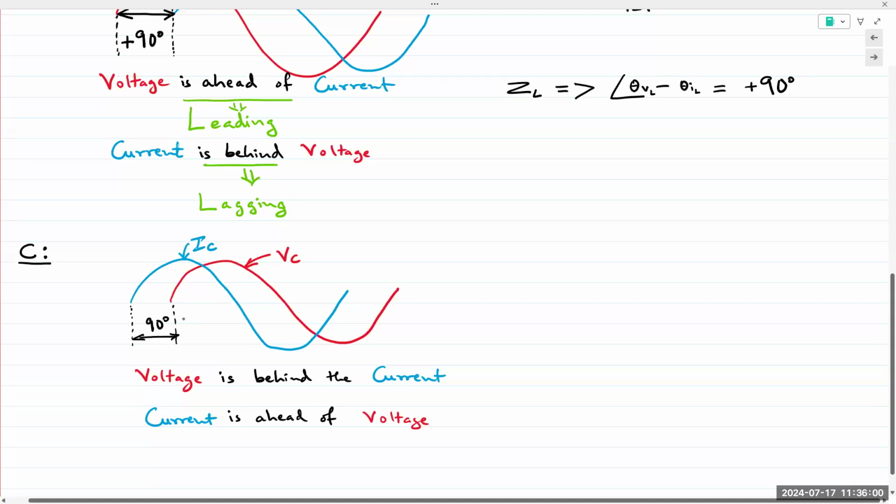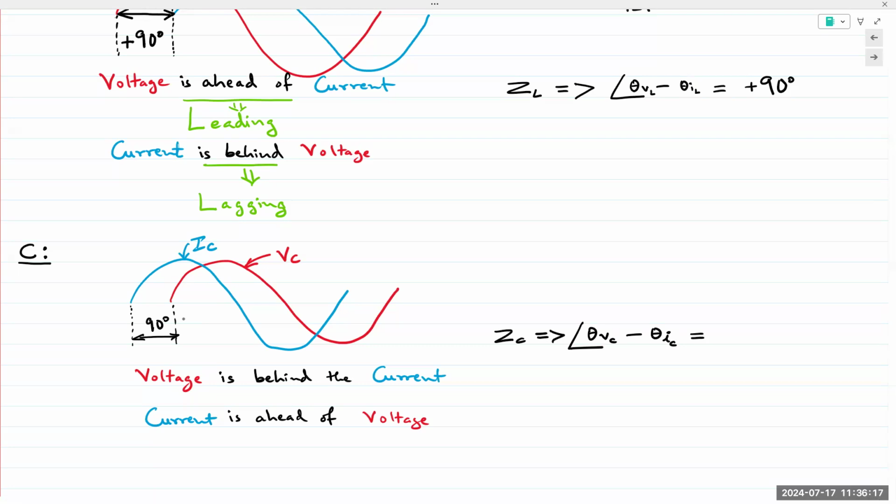So ZL was plus 90, ZC would become theta VC minus theta IC. That equation does not change, right? Impedance is always voltage minus the current. The phase angle of an impedance is always the phase of the voltage minus the phase of the current.